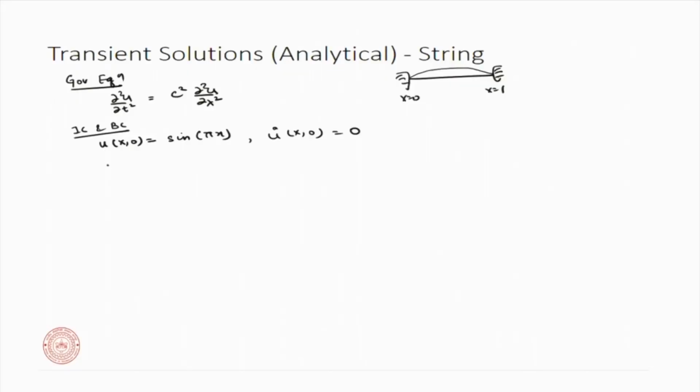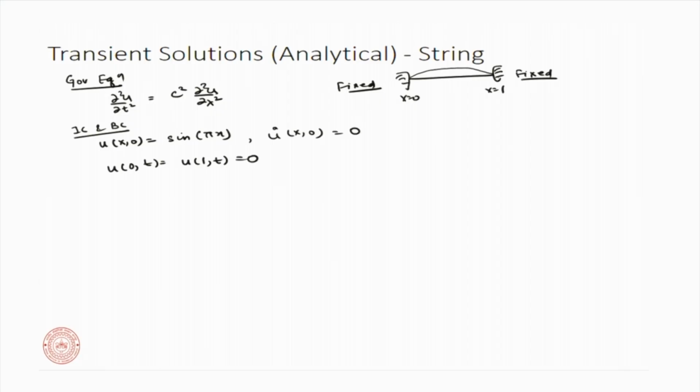Then you need two boundary conditions, that is u at 0 comma t equals u at 1 comma t equals 0, that is, it is fixed at both ends. So there is no displacement at the two edges.